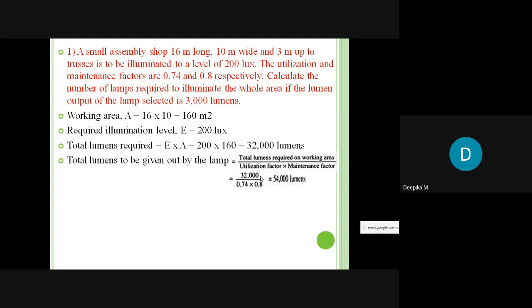Utilization factor is needed because it tells how much the area is utilizing the lumens, and maintenance factor tells how well we are maintaining the lamp. So total lumens is 32,000 divided by utilization factor into maintenance factor, which is 0.74 into 0.8. You will get the answer, which is 54,000 lumens.